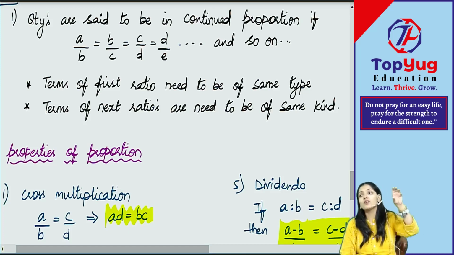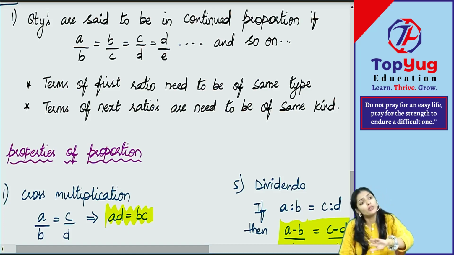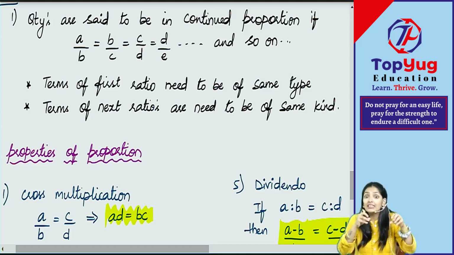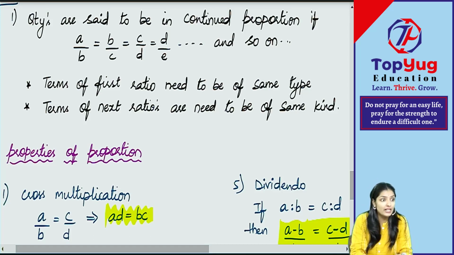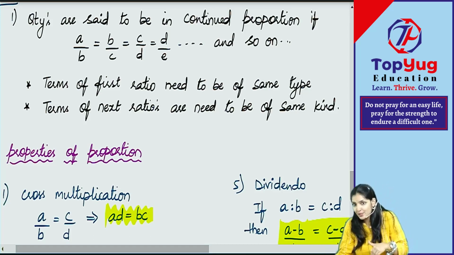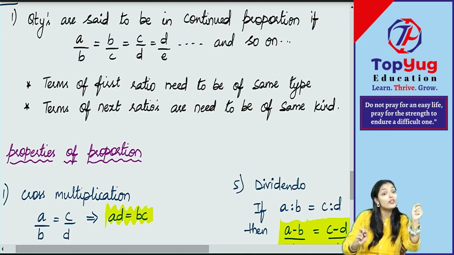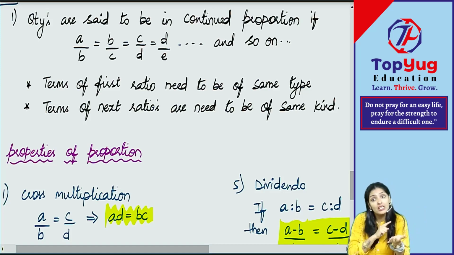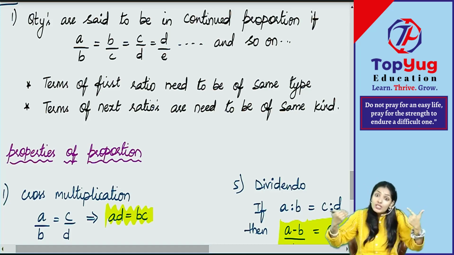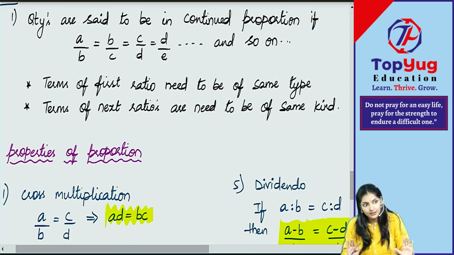Suppose the first ratio is all about liters, the second ratio can be all about weights, I mean kilograms and all. Two different ratios now. The terms have to be of the similar kind, but ratios can be of different kinds. Are you getting the point? Two ratios we are having, so terms of each and every ratio should be the same, but ratios can be different. Keep this in mind. Am I clear?